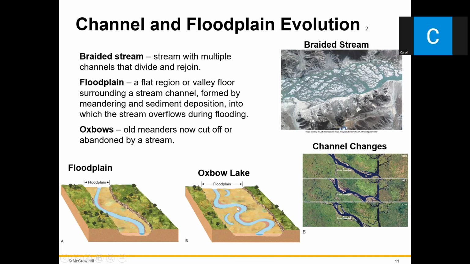And when that happens, then you get these little old parts of what was the river that are now disconnected from the river, and we call those oxbow lakes. Eventually, they fill up with sediment and dry up, but they'll stay a little lake for a while, and of course, they can be refilled with water if it's a very humid environment.